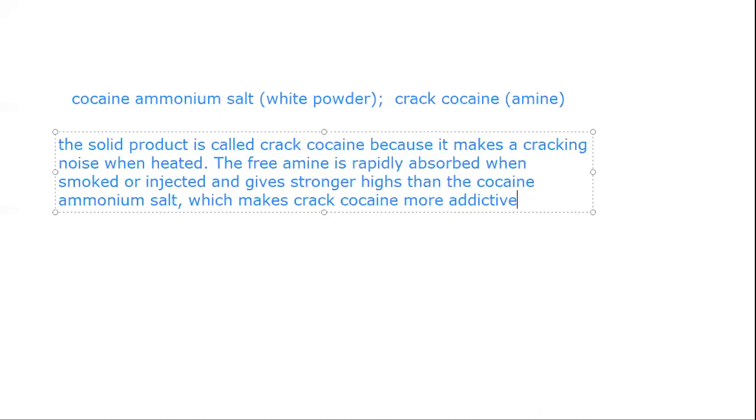Now everyone sees the difference between cocaine, the ammonium salt, and crack cocaine. Cocaine ammonium salt is a white powder. Crack cocaine is a simple amine. That's a major difference.